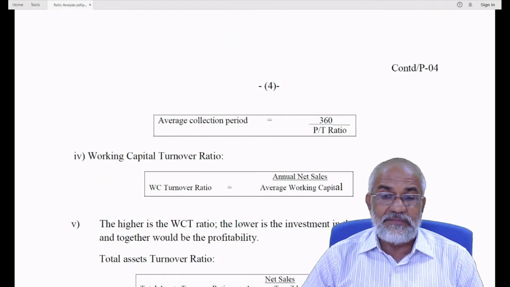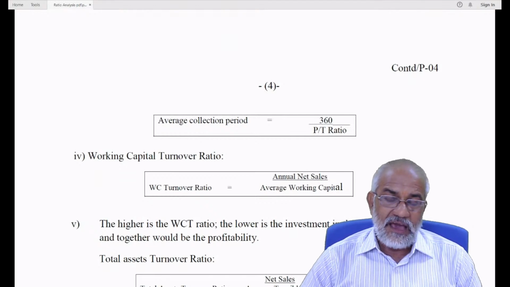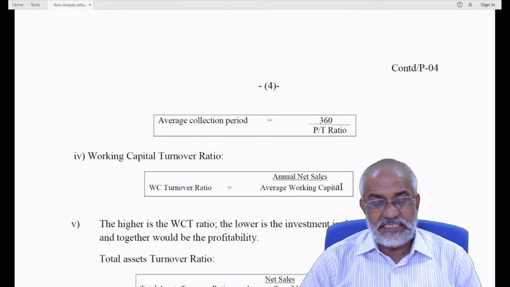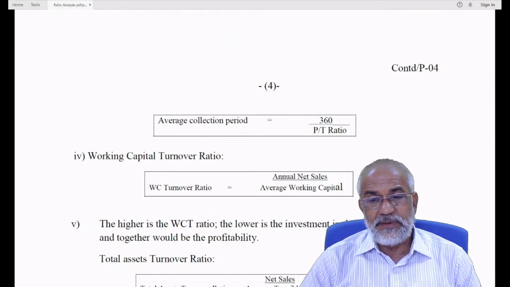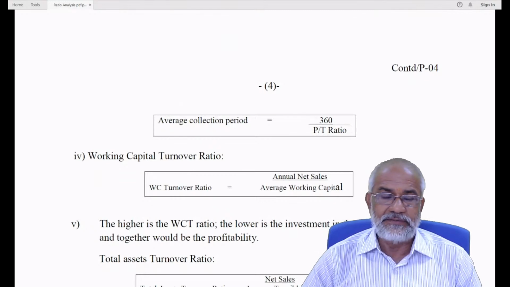When that is divided by the average working capital, average working capital means current assets minus current liabilities at the beginning of the year plus current assets minus current liabilities at the end of the year, and when the whole is divided by 2, that will be the average working capital.